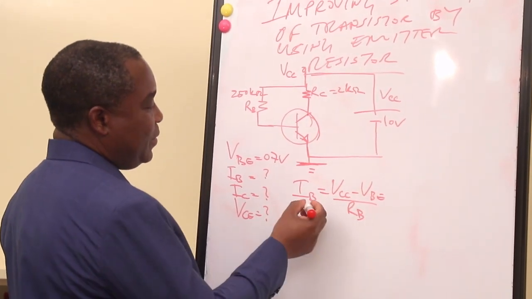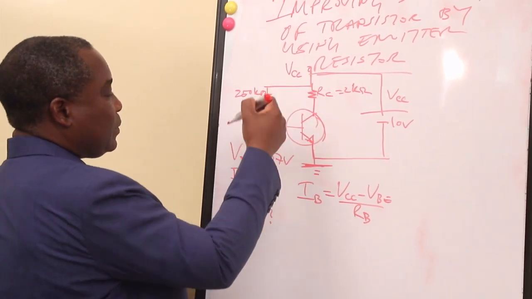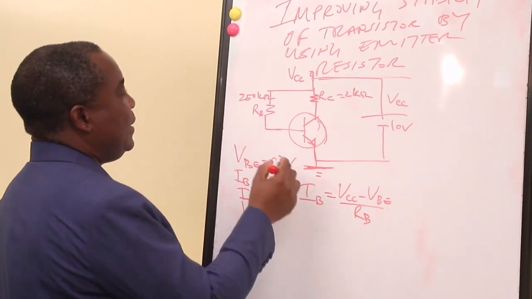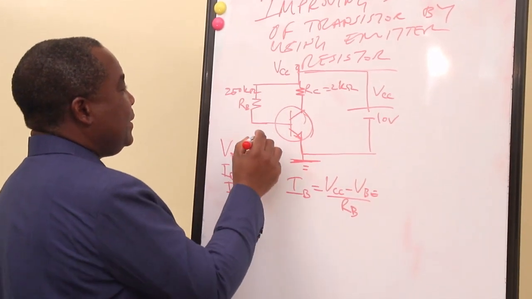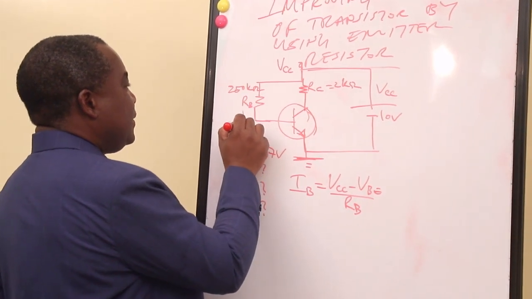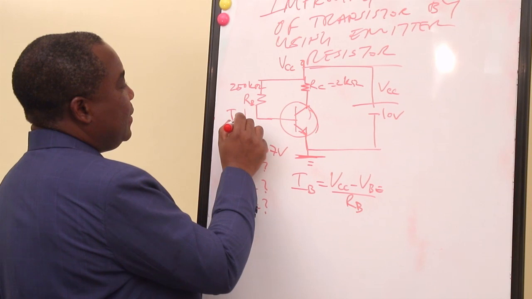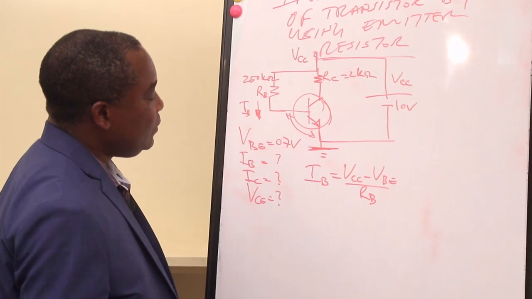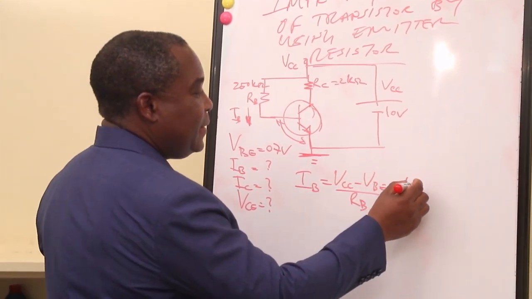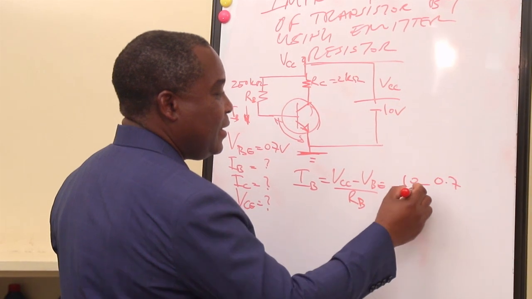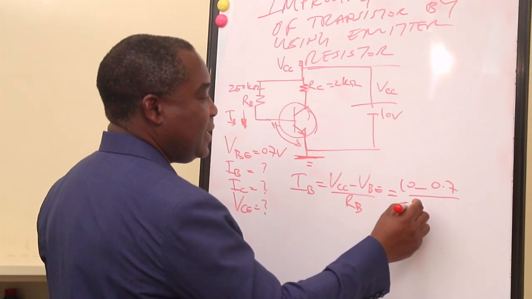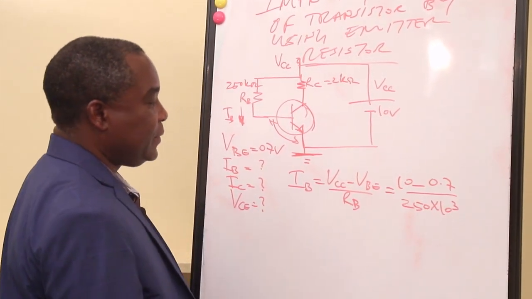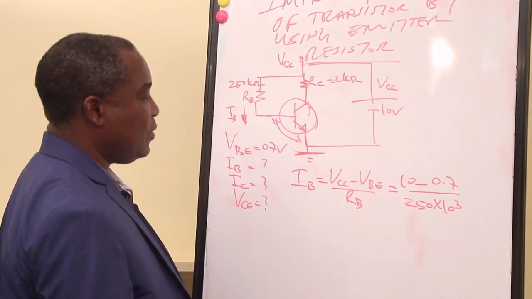This is just Ohm's law. We have our IB, VCC, and VBE, which is the drop. This IB is the current. So VCC is 10 minus VBE 0.7, over RB which is 250 times 10 to the power 3 because it is in kilo ohms.